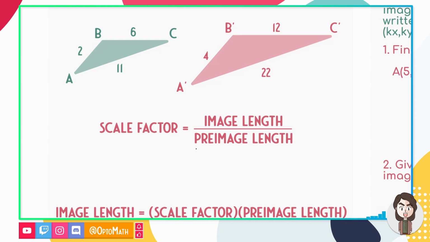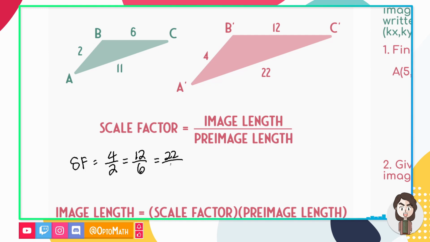Scale factor, I'll write SF, is going to be equal to the image length divided by pre-image length. And you can choose any old image and pre-image length as long as they're corresponding. So let's do 4 over 2. We know it's image over pre-image, and that should be equal to 12 over 6, which should also be equal to 22 over 11.